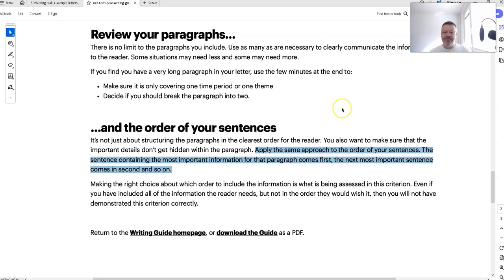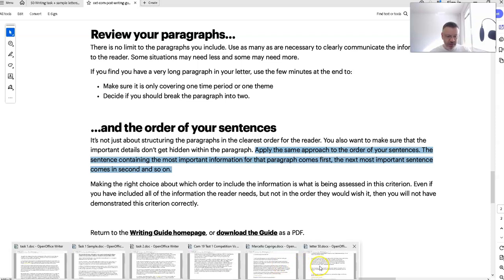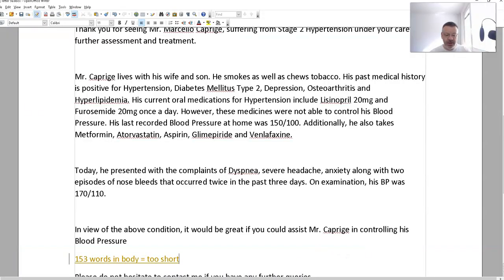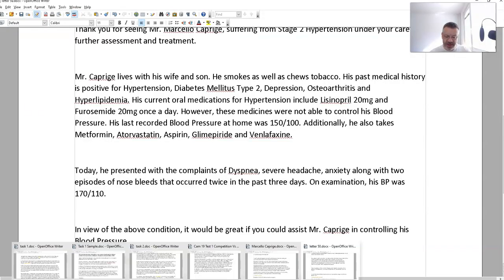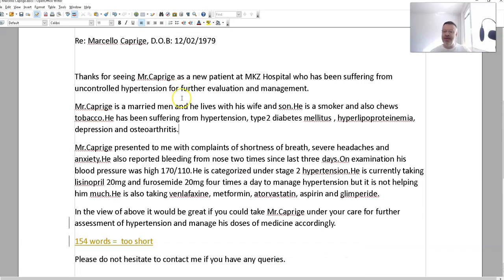Okay? So, let's go back, right? So that's the key thing that I wanted to mention here. Which one was it? Hang on, because we've got two here, it was this one here. "A married man, and he lives with his wife and son." Well, good for him. Congratulations to Mr Caprige.